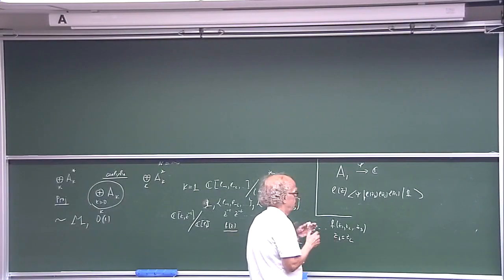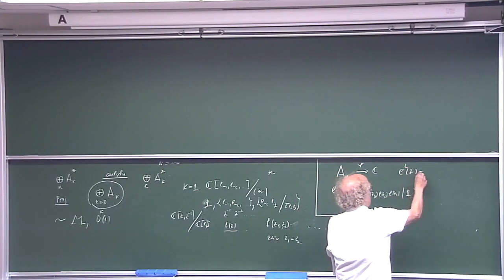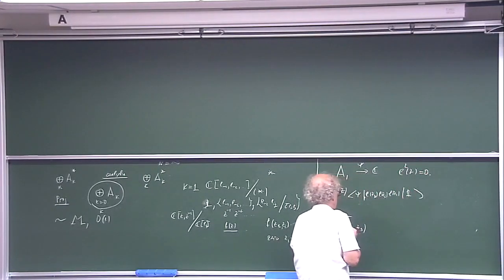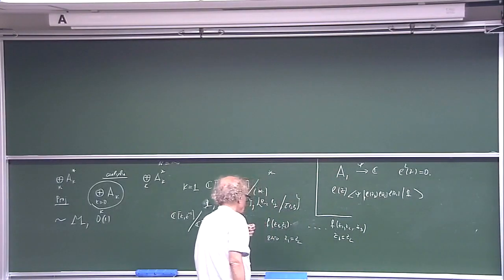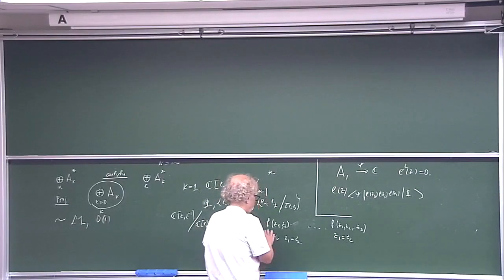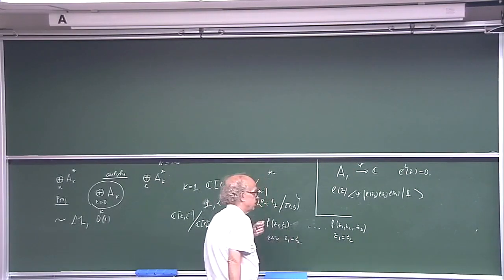And our condition that EZ squared is 0 just means that the corresponding polynomial has to have 0 on the diagonals.